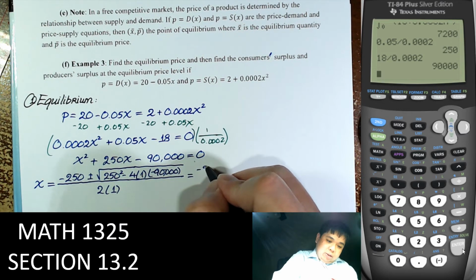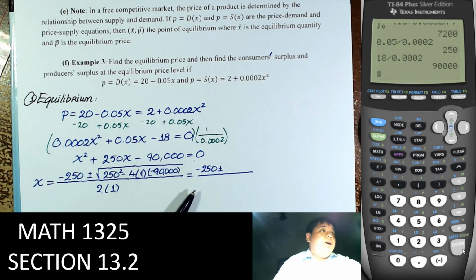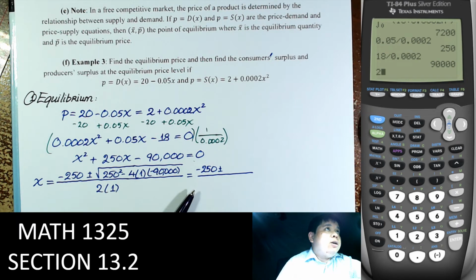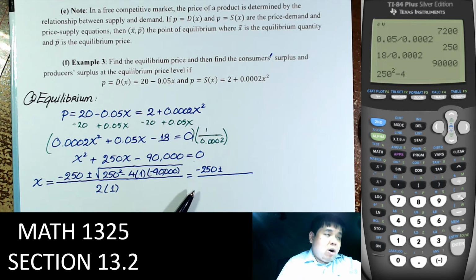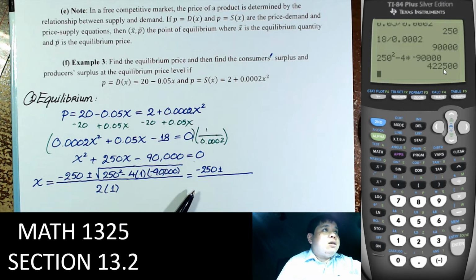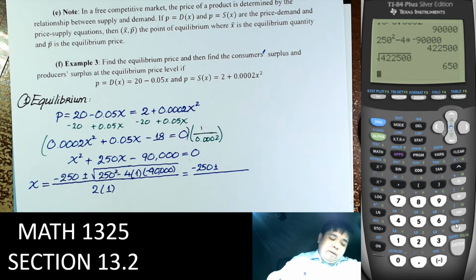Negative 250 plus or minus the square root of 250 squared minus 4 times 1 times negative 90,000. We have that, and what is the square root of that? 650.